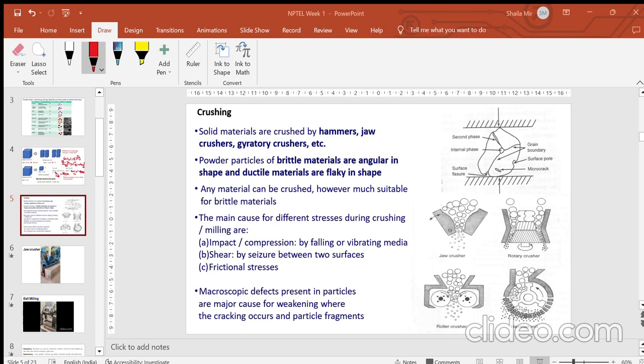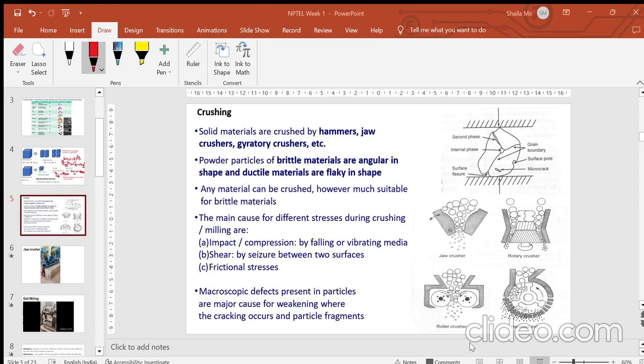So you have different types of machines for grinding or crushing, which are jaw crushers, rotatory crushers, roll crushers, and hammer mills or impact mills. All of these have their inherent principle of crushing based on different forces. For example, in a jaw crusher there is a compression force.